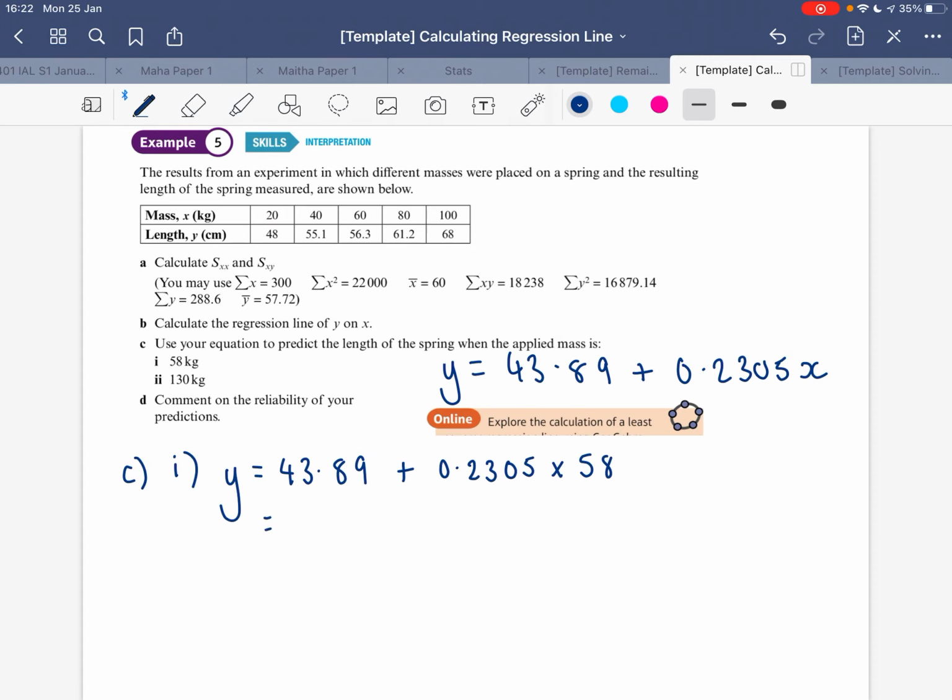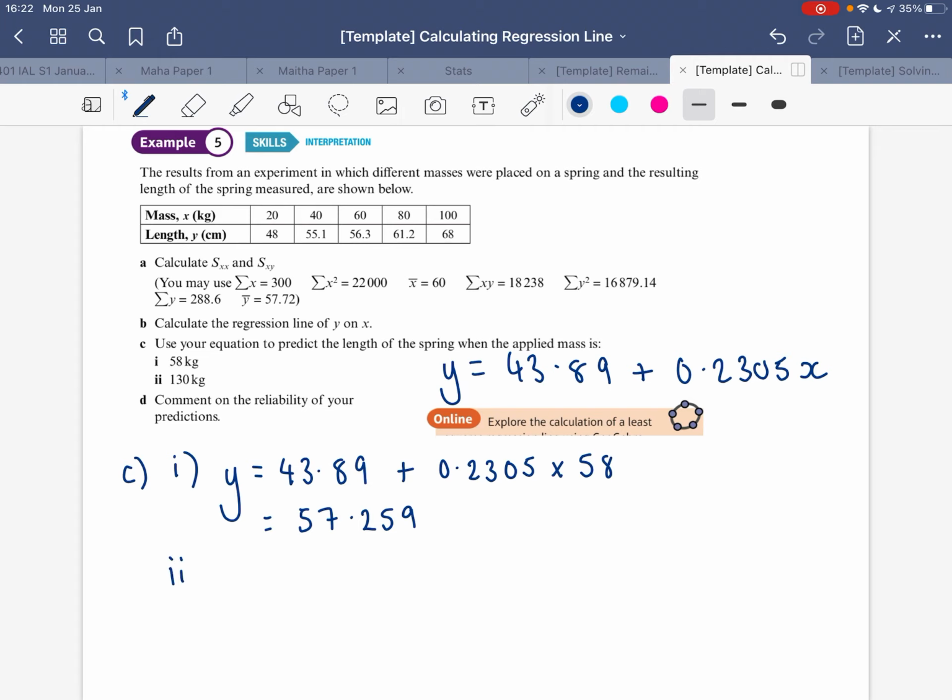That gives us a length of the spring that is 0.2305 times 58, which is 57.259. I'm not going to bother rounding, I'm just going to leave it as it is. So that is our length of the spring when the weight is 58.